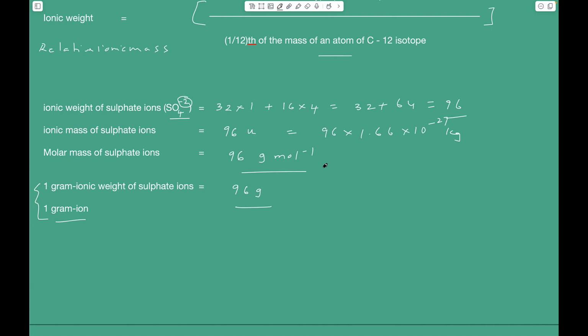So in this video, we tried to understand 4 different weights: atomic weight, molecular weight, formula weight, and ionic weight. And we tried to solve some very basic examples just to familiarize ourselves with the basic vocabulary of mole concept.